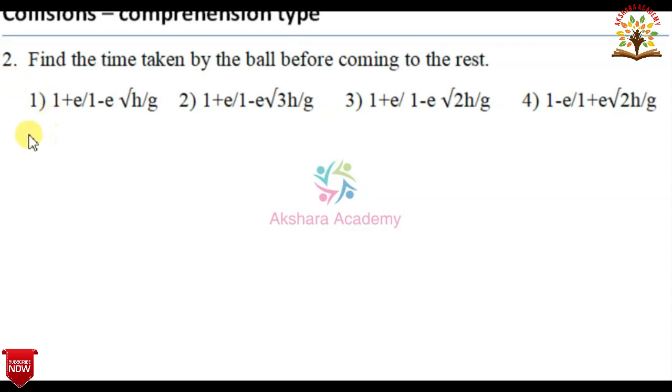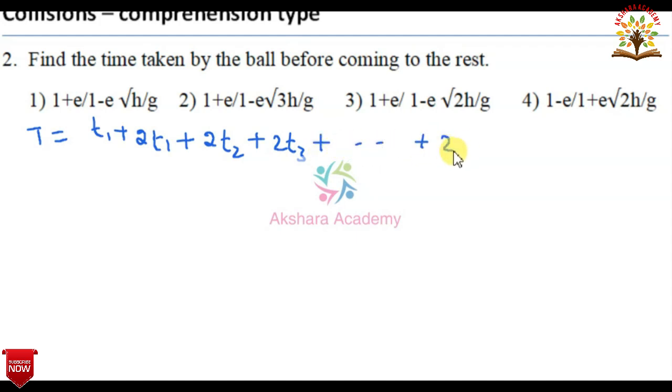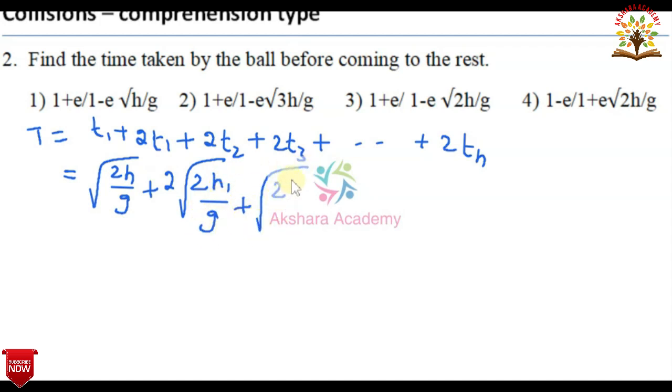Time taken by the ball before coming to rest, t is equal to t1 plus 2t1 plus 2t2 plus 2t3 plus and so on plus 2tn, that is equal to, formula for t is root of 2h by g plus 2 of root of 2h1 by g plus root of 2h2 by g plus and so on.